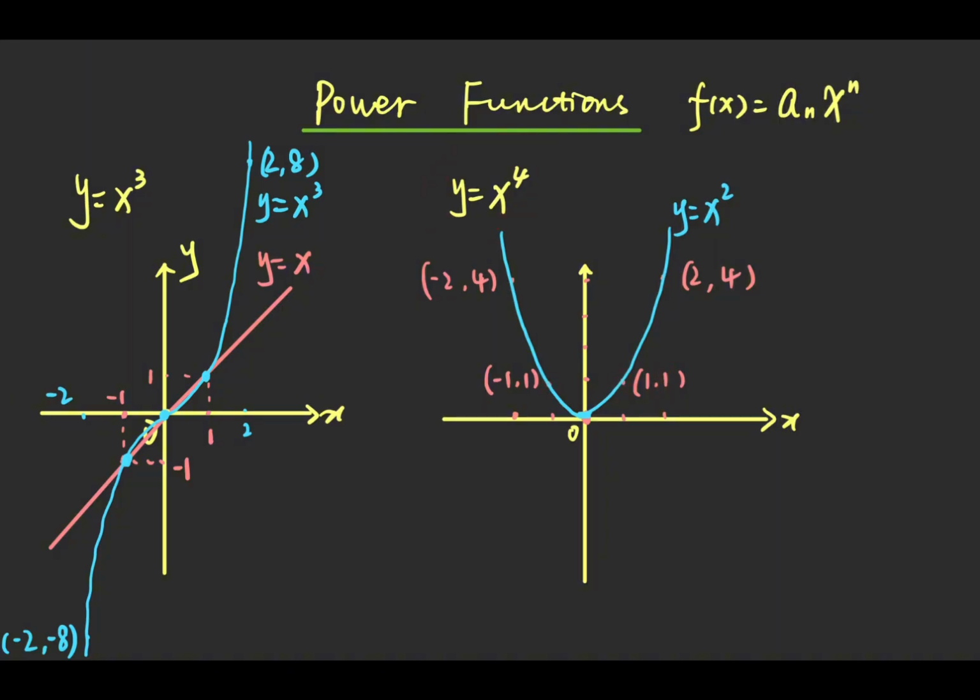But if x equals 2, the corresponding y coordinate is not 4; it should be 16. And if x equals negative 2, the y coordinate should be positive 16. So you will get these points if x equals positive 2 or negative 2.